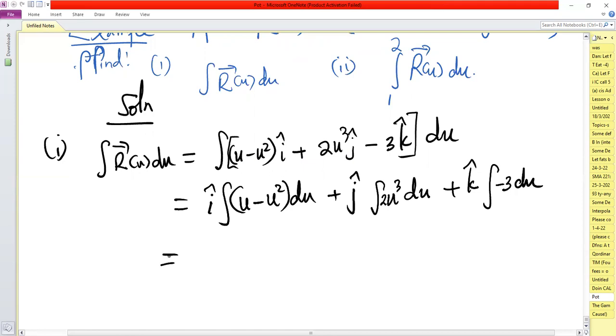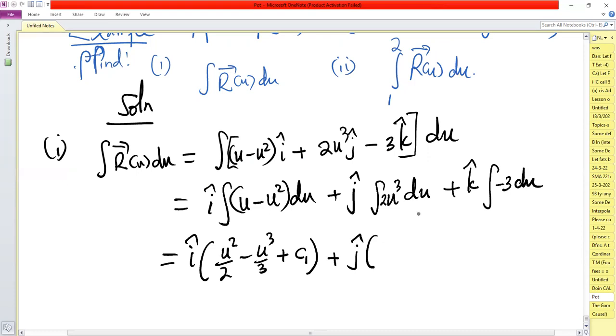When you work out this integral, you get i into u squared over 2 minus u to the power 3 over 3 plus constant of integration c1, plus j into u to the power 4 over 4, so 2 over 4, so u to the power 4 over 2, plus c2, plus k into minus 3u plus c3.